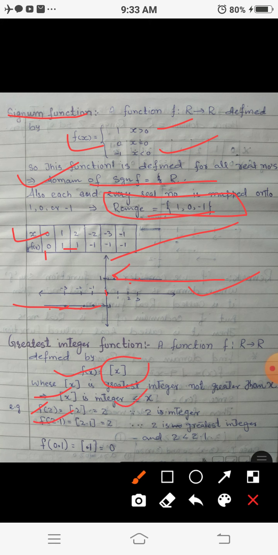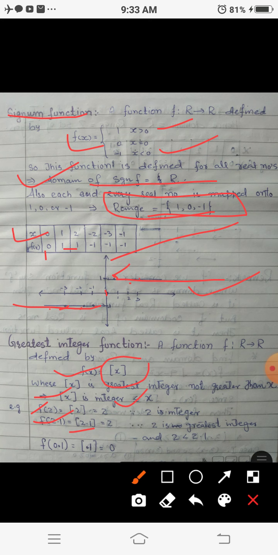Similarly, if we consider f of 2.1, 2.1 is not an integer, it is simply a rational number. Now what is the greatest integer of 2.1? It is simply 2, because 2 is the integer which is very close to 2.1 but not greater than 2.1.